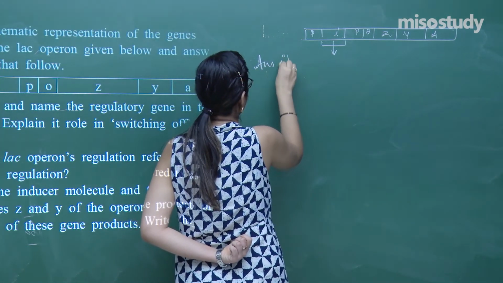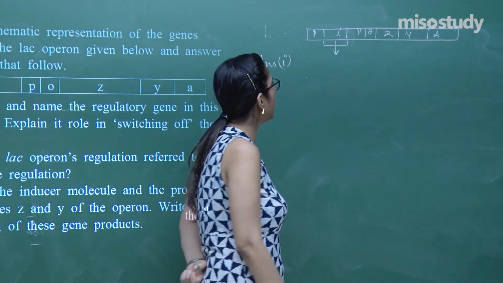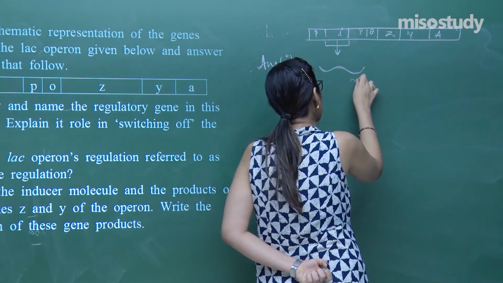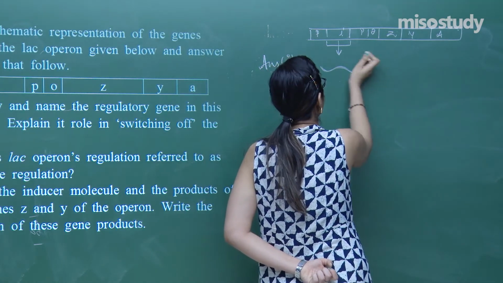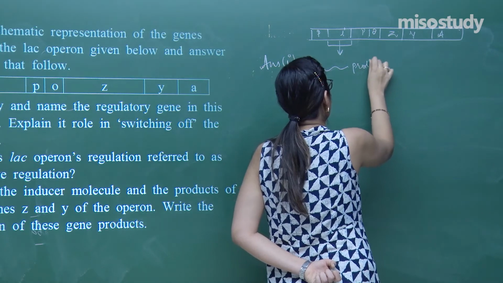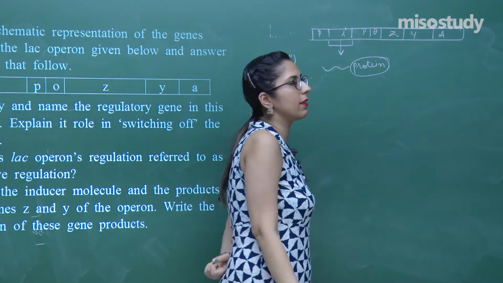First, you have to explain how it is a regulatory gene, because it codes for mRNA, which further codes for a protein. That protein acts as a regulator.